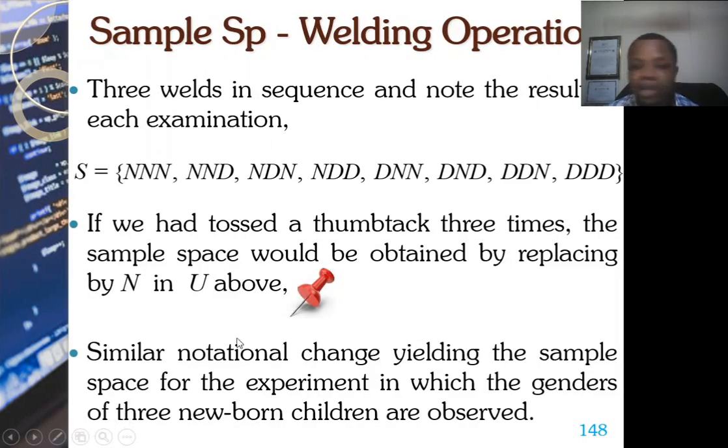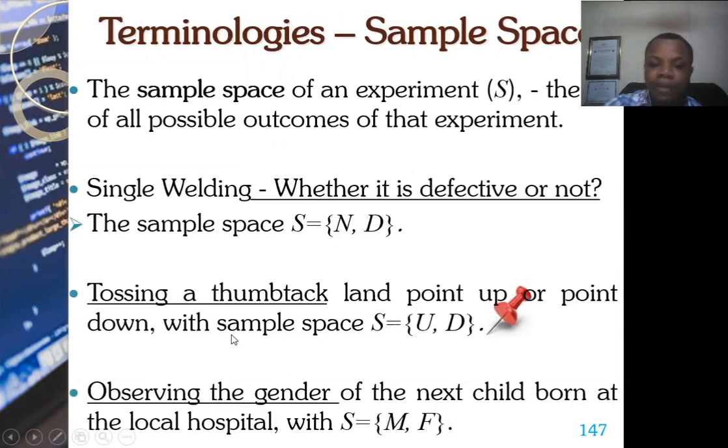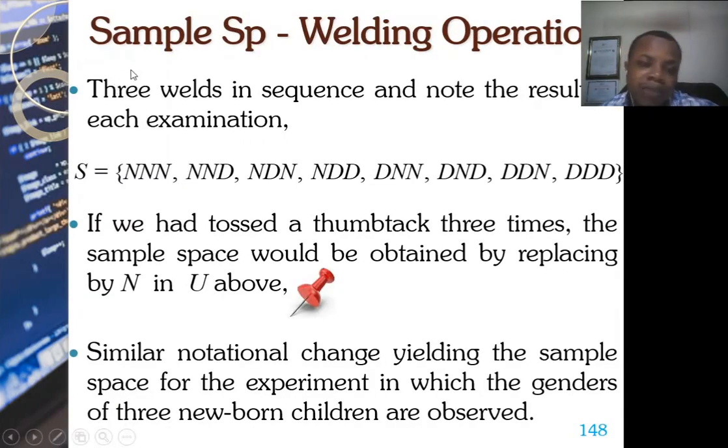But let's look at situations where we will have more than two outcomes. So in the case of more than two outcomes, let's take for instance the welding operation. For this welding operation, if we decide to weld three materials in sequence, we take the first material, we weld it, we take the second one, we weld it, we take the third one, we weld it.